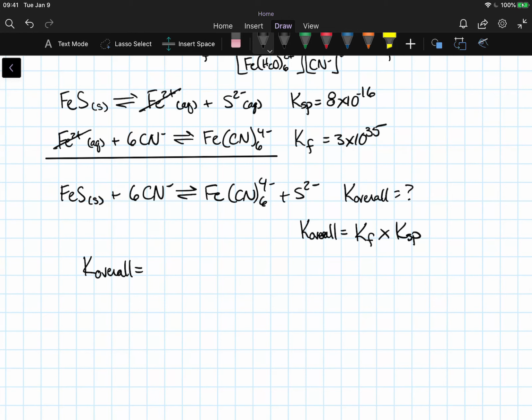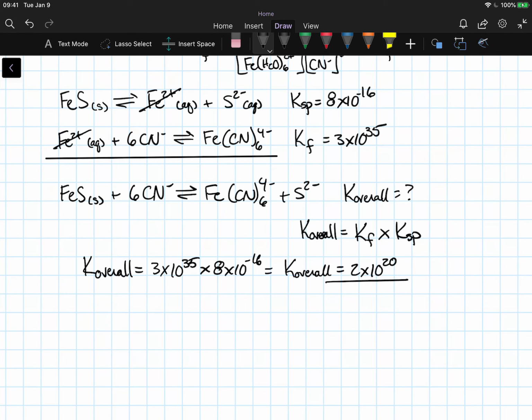So K overall in this case is going to be 3 times 10 to the 35th times 8 times 10 to the negative 16th. So we end up with an overall equilibrium constant for this net reaction of mixing iron sulfide with cyanide of around 2 times 10 to the 20th.